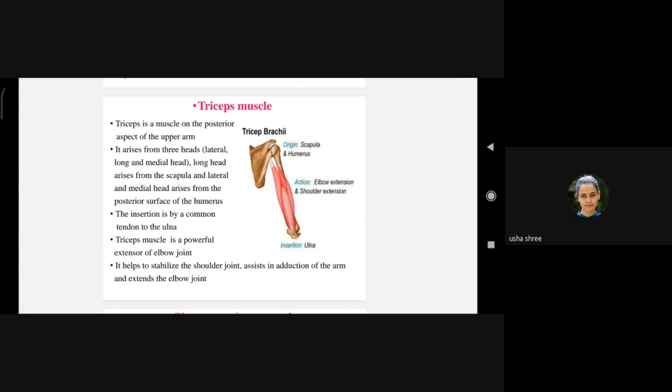The long head arises from the scapula, and the lateral and medial heads arise from the posterior surface of the humerus. The insertion is by a common tendon to the ulna. So the bicep was inserting to the radius, and the tricep is inserting to the ulna.